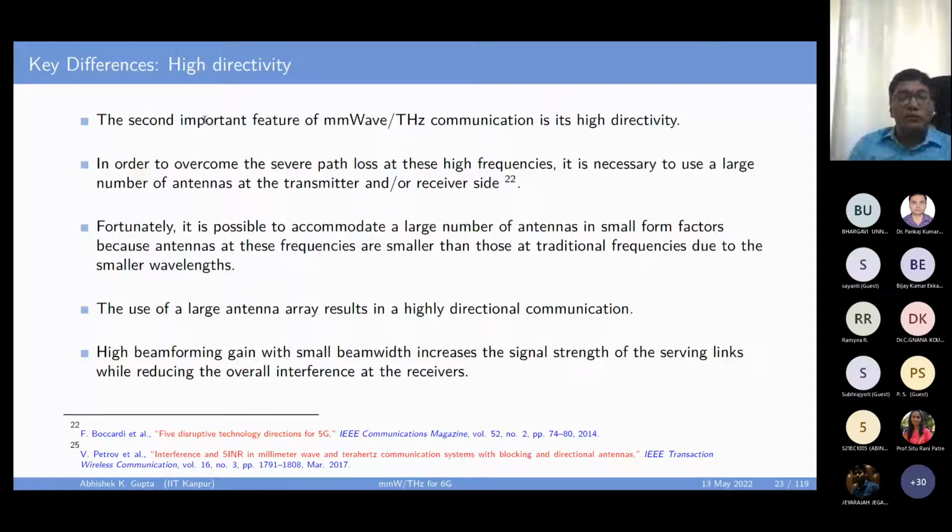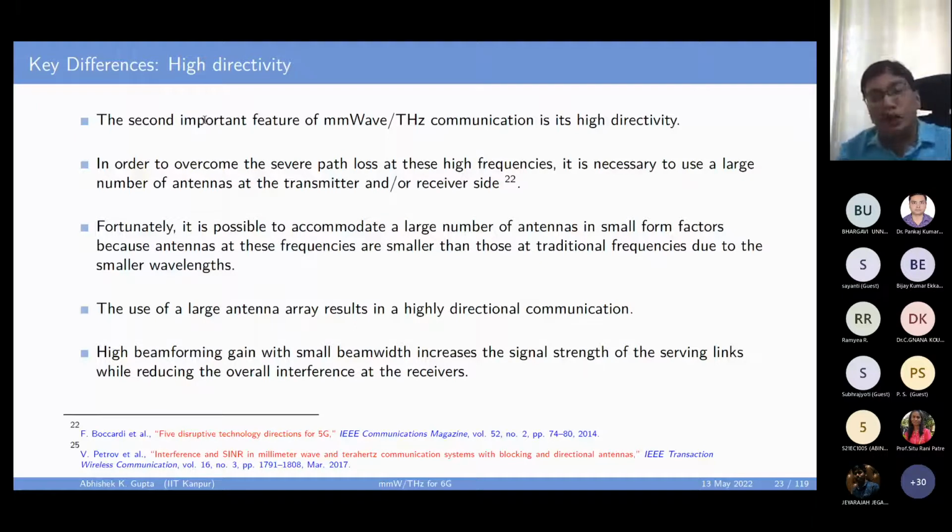With this larger number of antennas, you can still get the same propagation, but the communication becomes highly directional, because when you use multiple antennas together, they only receive signal from a particular direction. That's a good thing because it increases the directional gain.